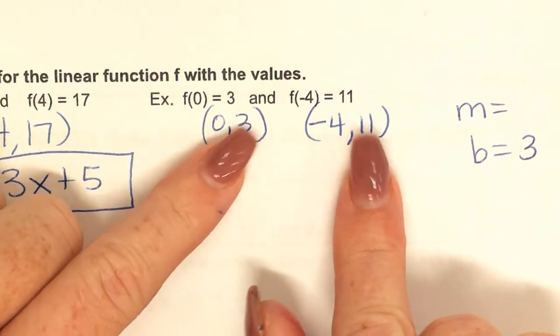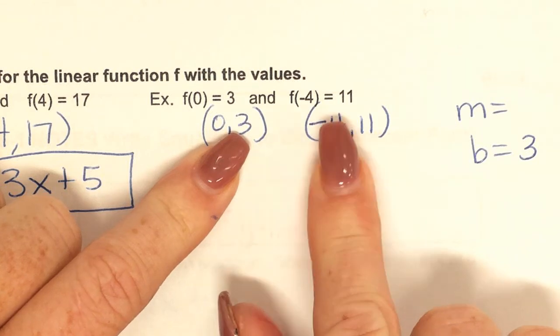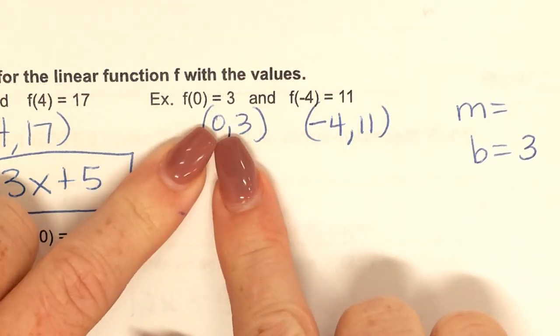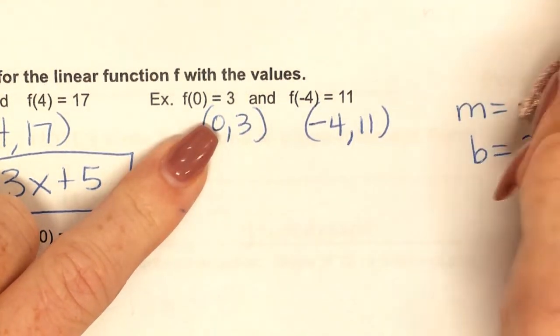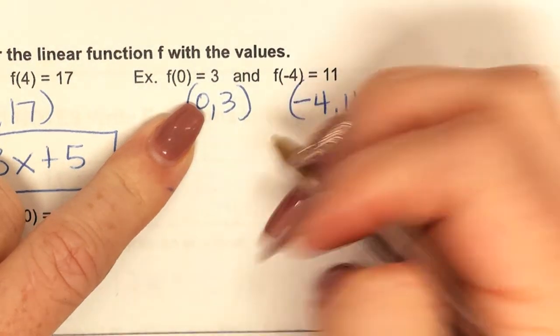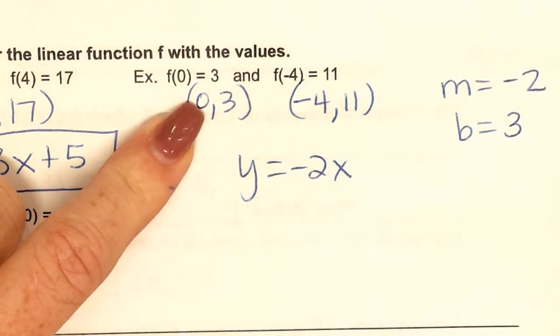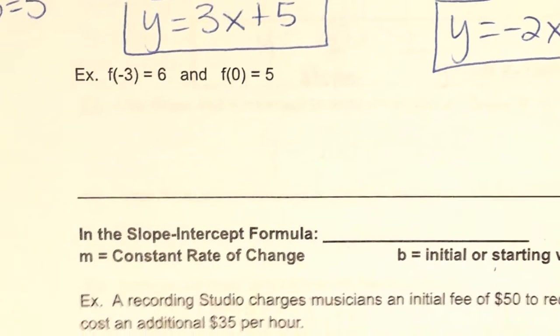What's 11 minus 3? Okay, what's negative 4 minus 0? What's 8 over negative 4? So y equals negative 2x plus 3. Try this last one on your own.